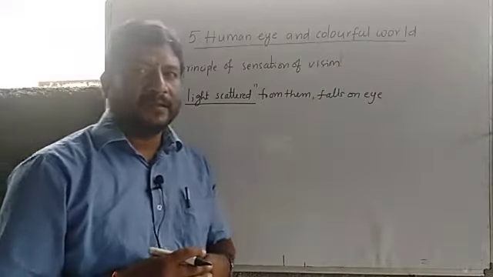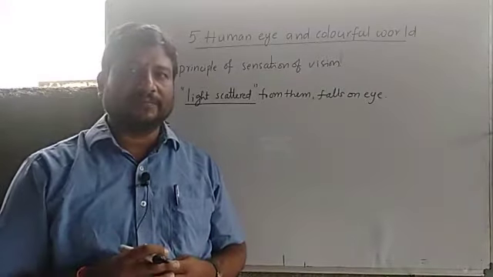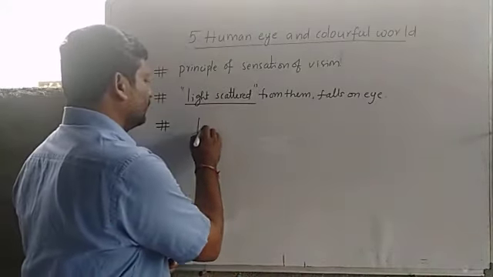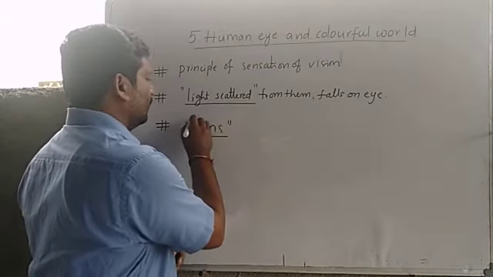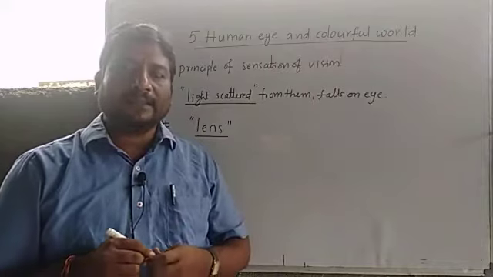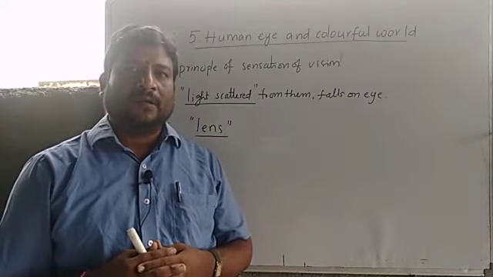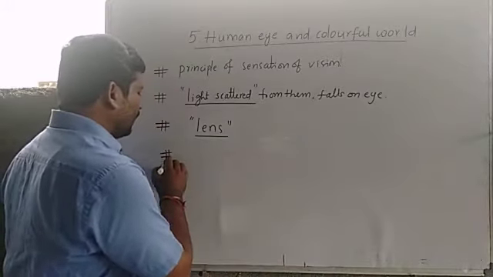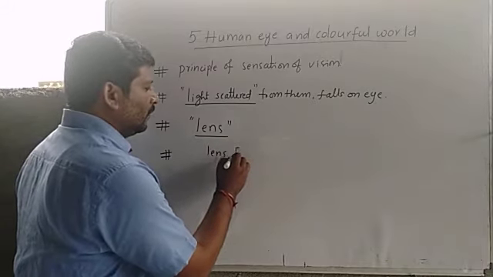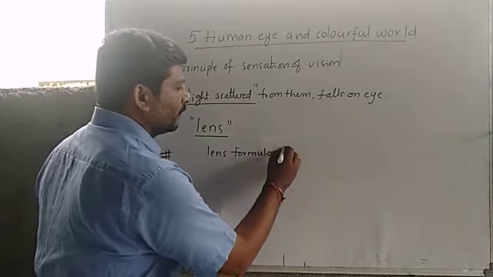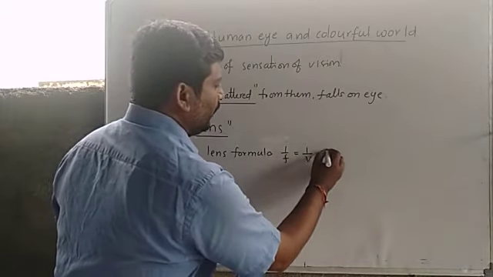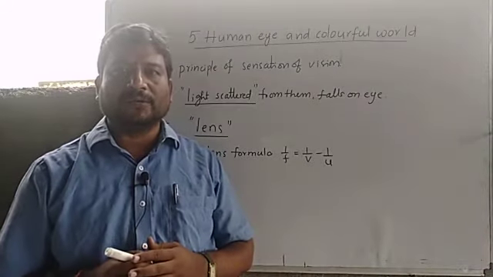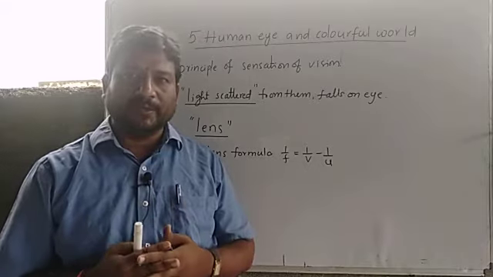Our human eye has a lens in its structure. We know the lens formula, 1 by f is equals to 1 by v minus 1 by u.